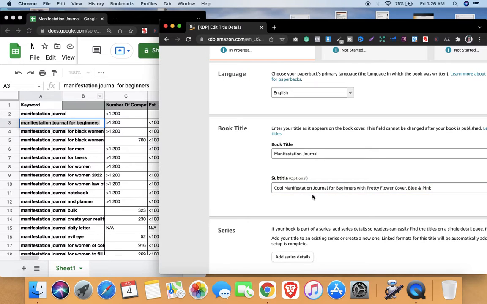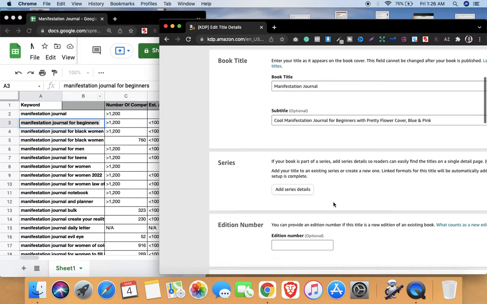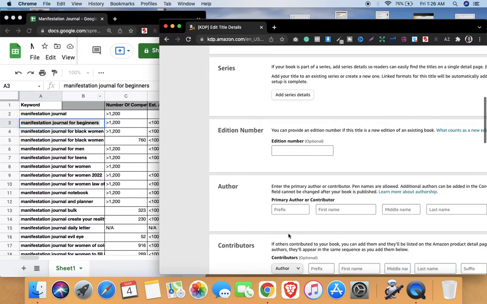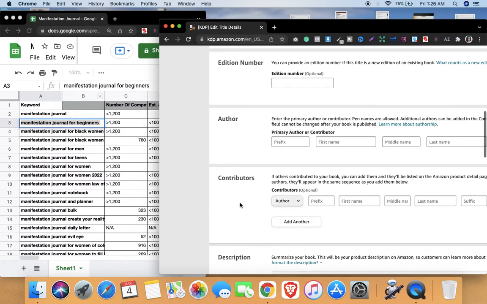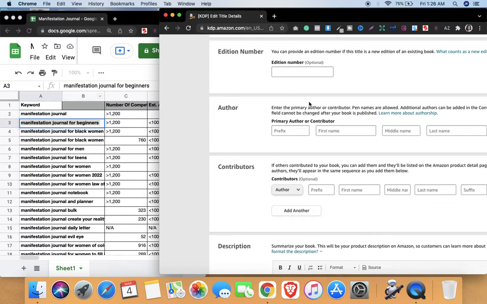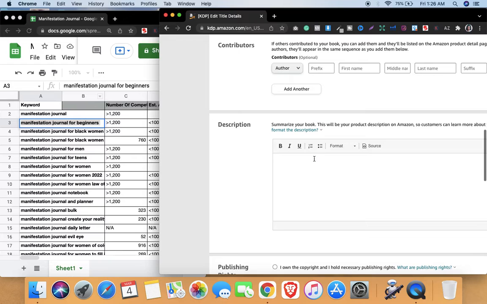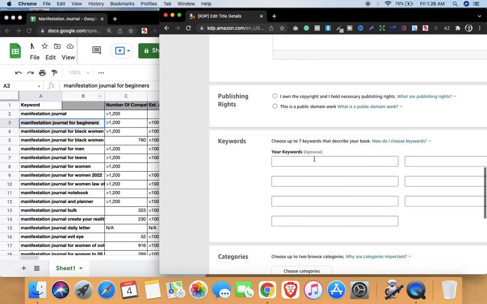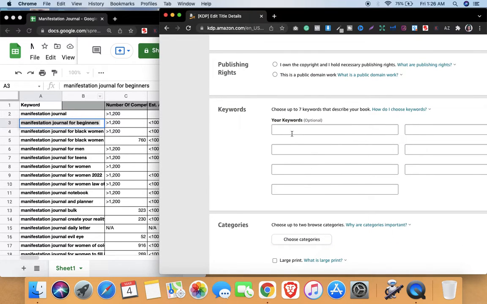After doing this, you will obviously put your author name. You do not need to put the contributor name because you are working as a solo person, so there is no contributor here. And then the description, and you will fill the publishing dates. Now coming to the 7 boxes of keywords. There are two things.